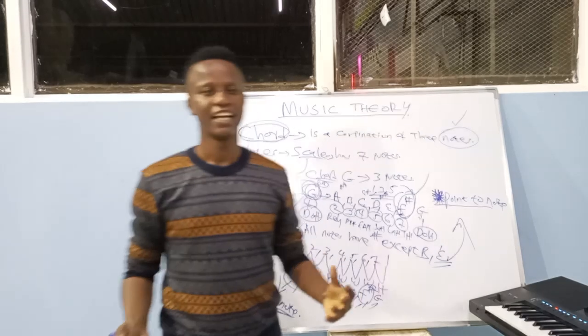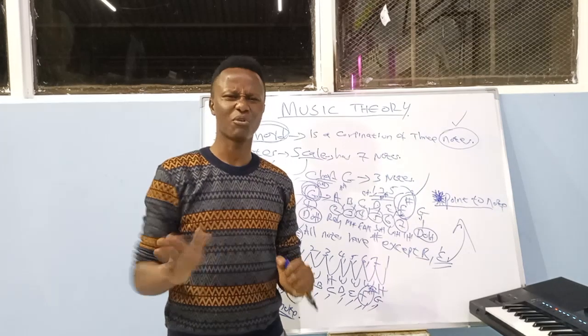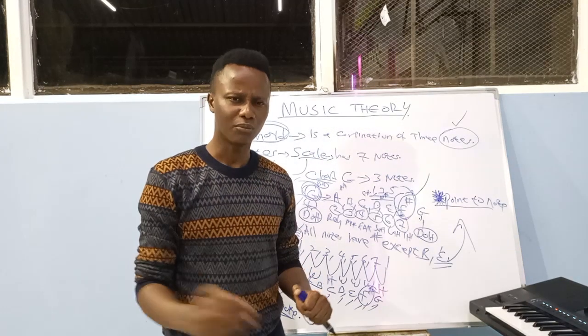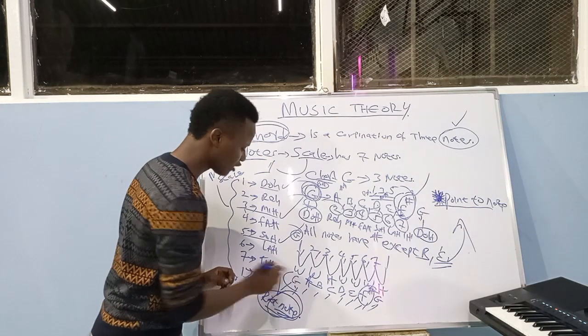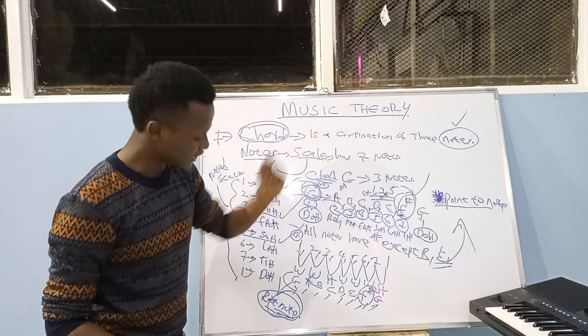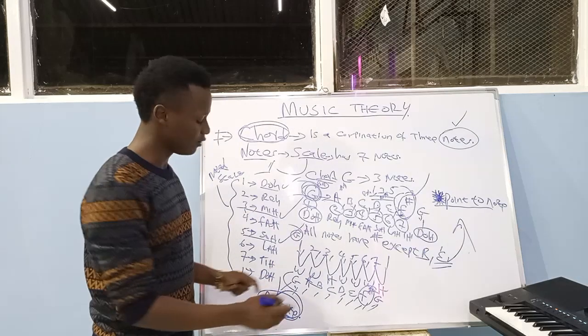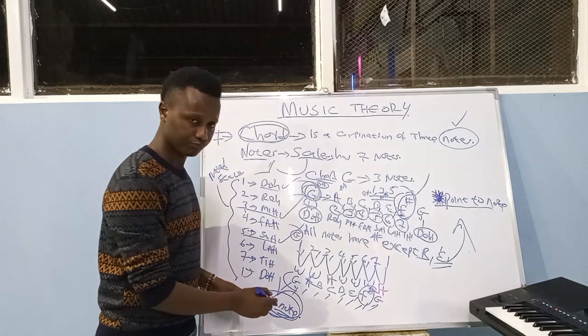A root is where everything starts from. If we have a G, our G will be our root note. If we start our scale in B, B will be our root note. But for our case now, our root note is G.